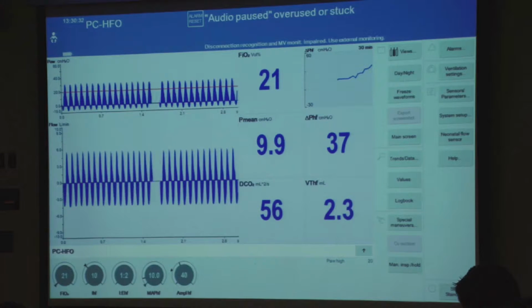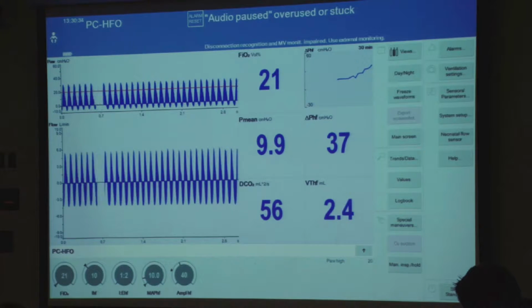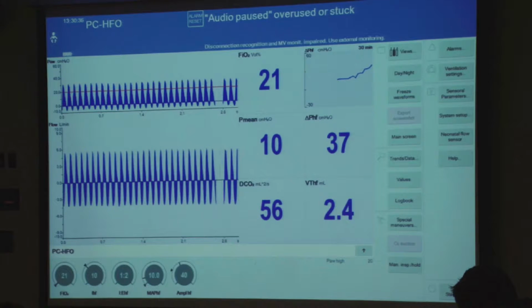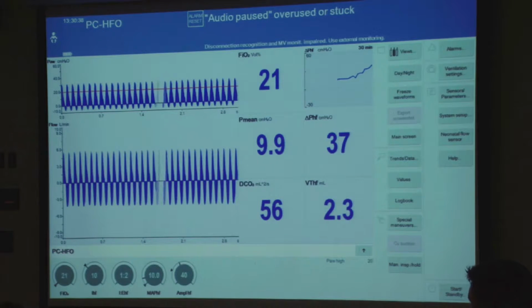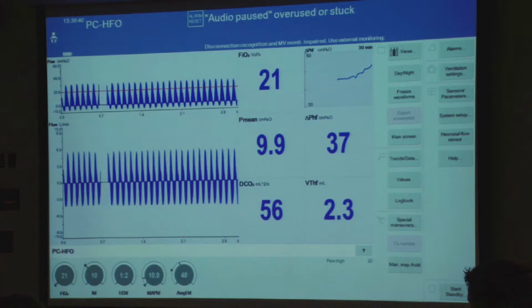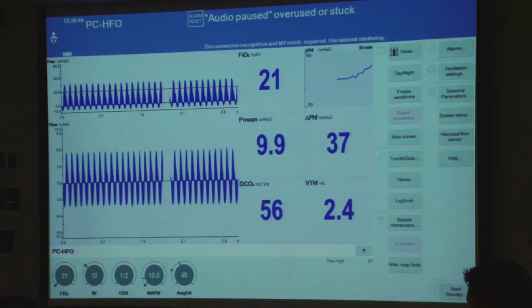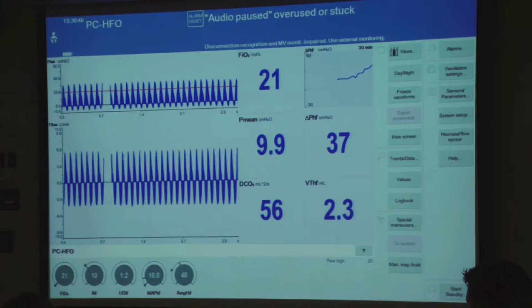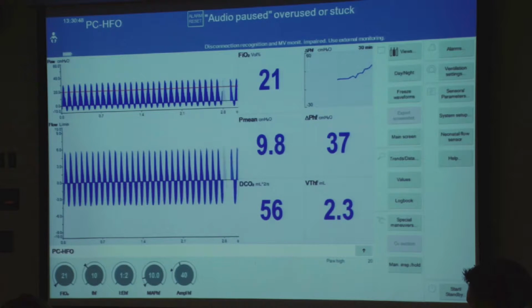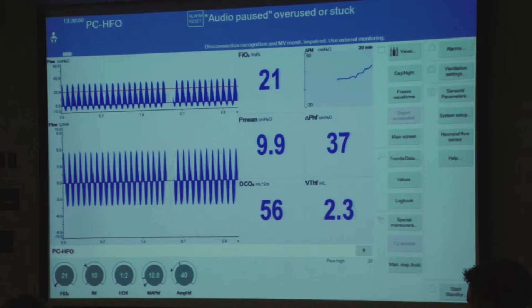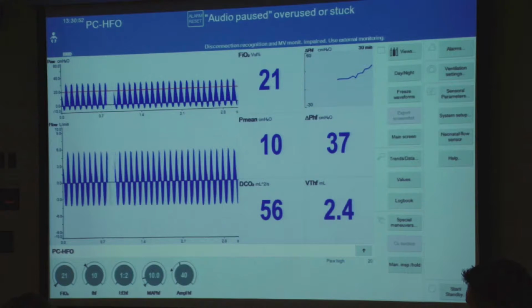On the oscillator, there's an informal rule that you try to stay less than 3 times your mean airway pressure, because it's felt that the mean airway pressure is being artificially propped up with amplitude. You can demonstrate this by pausing the oscillator, and you'll see your mean airway pressure drop.